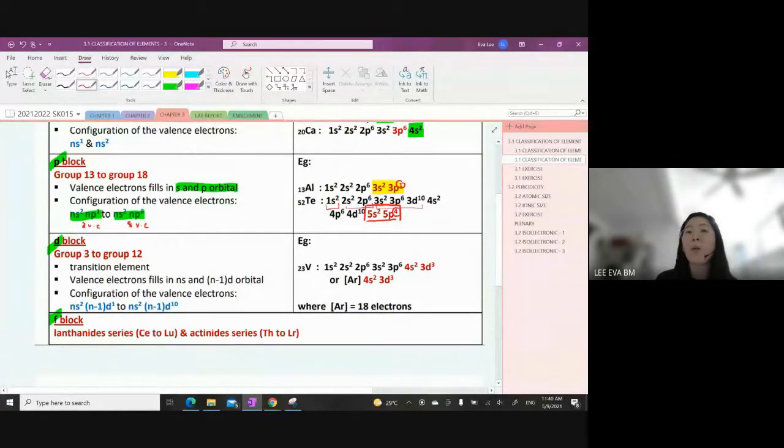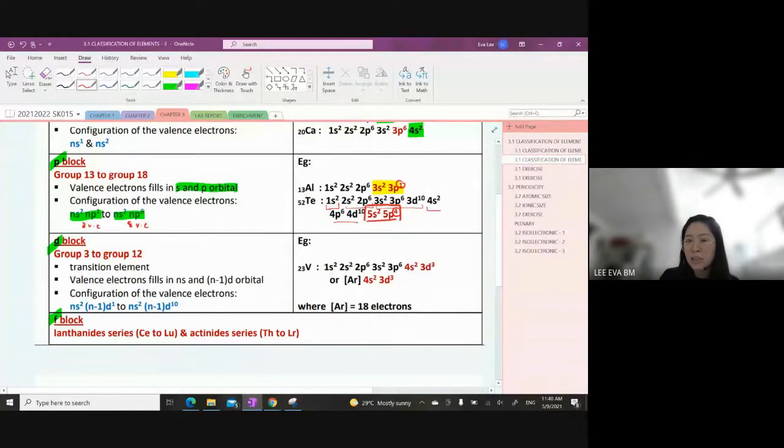Since they're already completely filled, and you have entered another sub-shell, the d sub-shell, we group it together. And then when it's entering the fourth shell, so 4s, 4p, 4d, now the fourth level is completely filled as well.